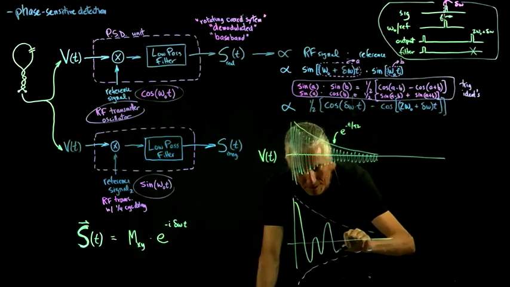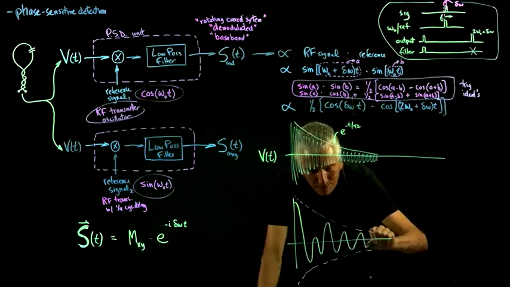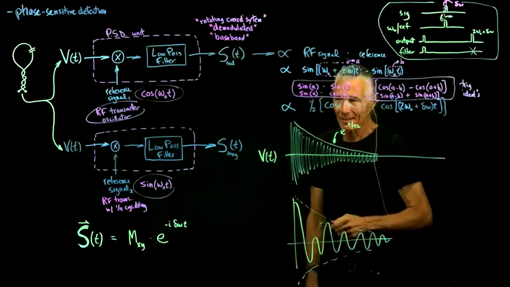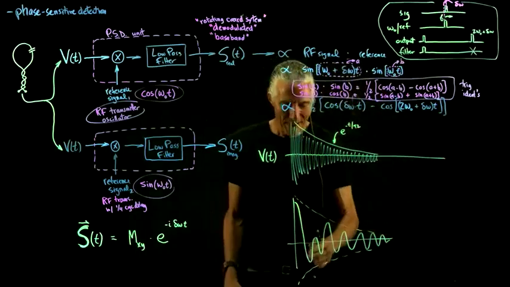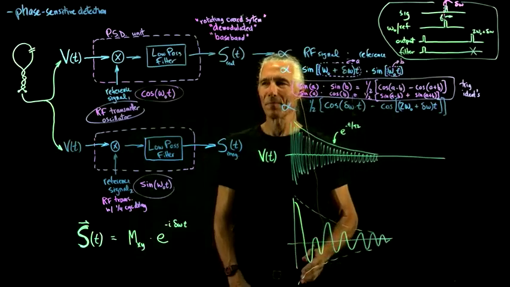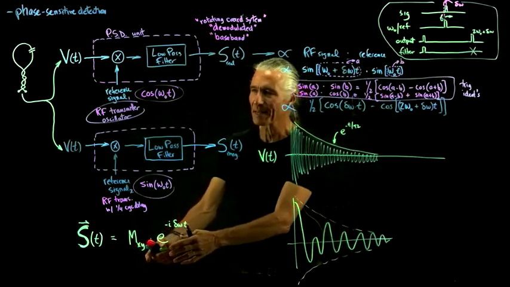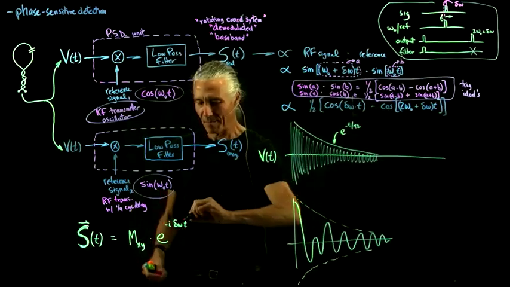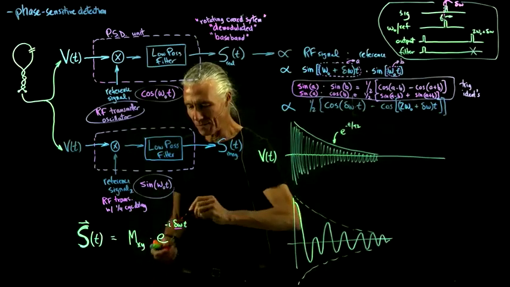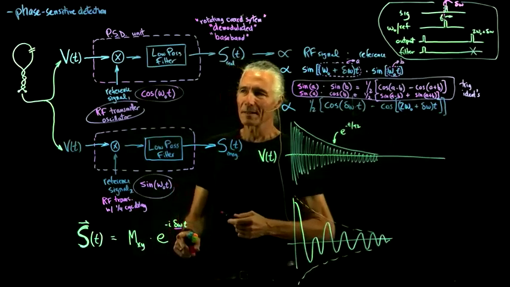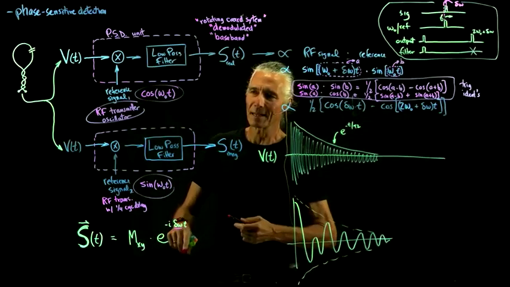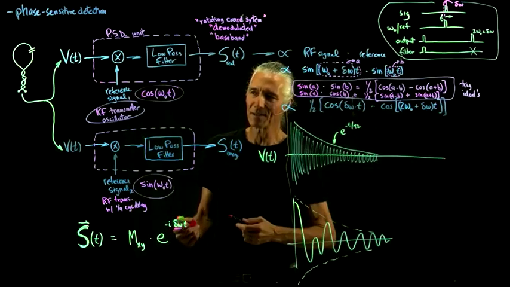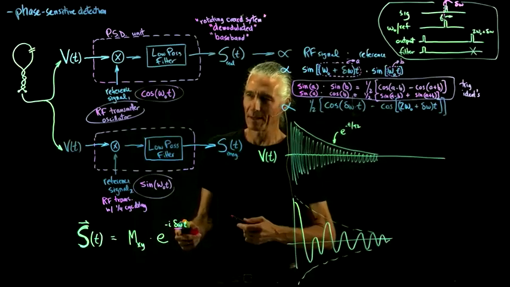There'll be some signal which is representing how the phase of the oscillation changes over time. That's what this is, actually. This vector here is not representing the 123 megahertz oscillation. It's just representing how the phase is changing over time.